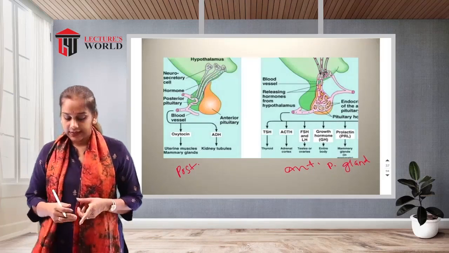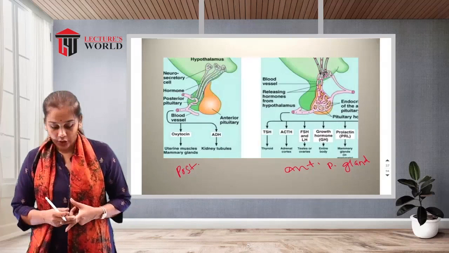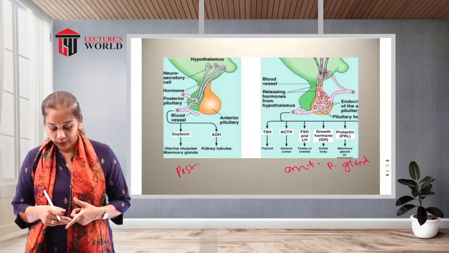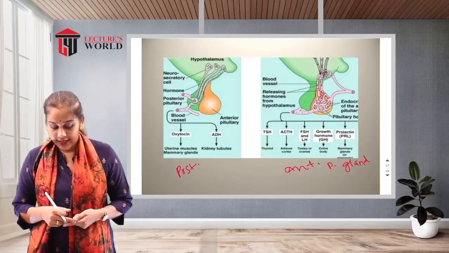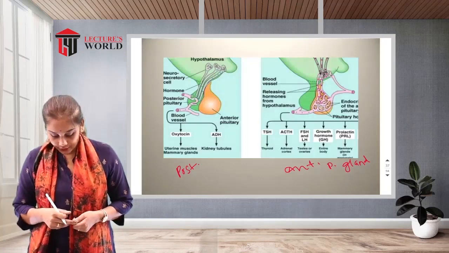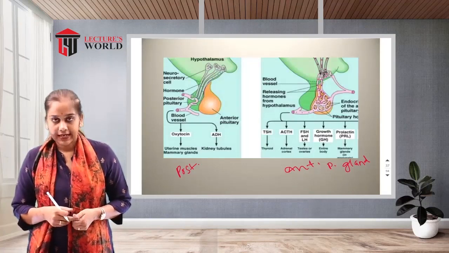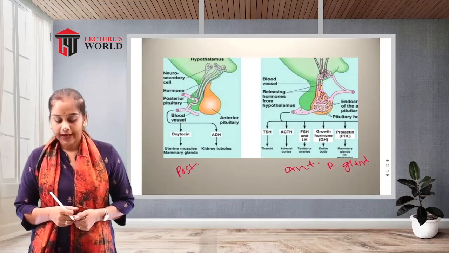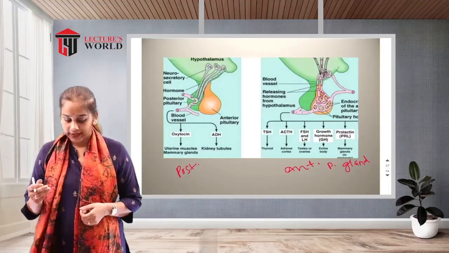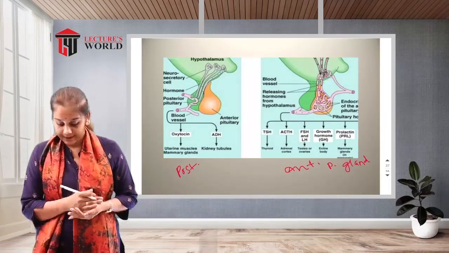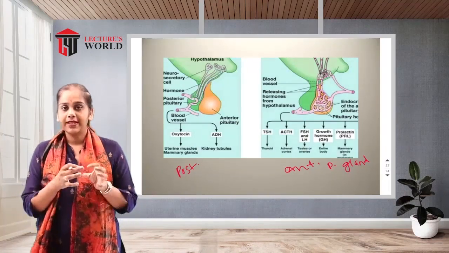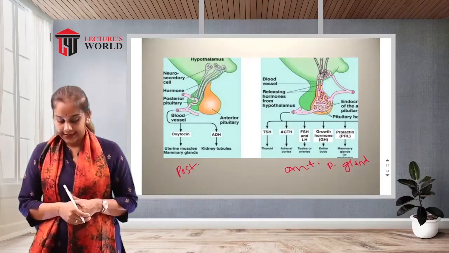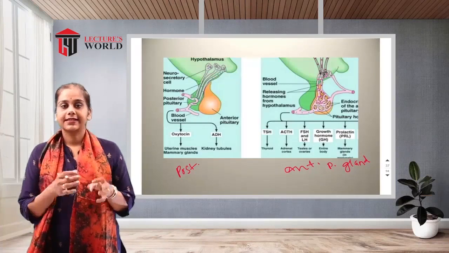As we have seen, the anterior pituitary has 6 hormones: growth hormone, thyroid stimulating hormone, ACTH, that is adrenocorticotropic hormone, FSH and LH, that is follicle stimulating hormone and luteinizing hormone, and prolactin. Prolactin prepares the mammary glands in mammals. Growth hormone directly affects the whole body for growth, mostly the skeletal muscles and the bones.